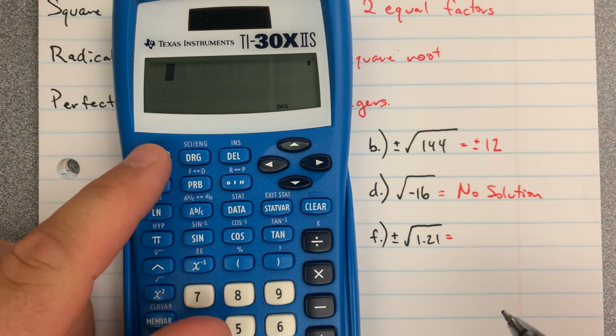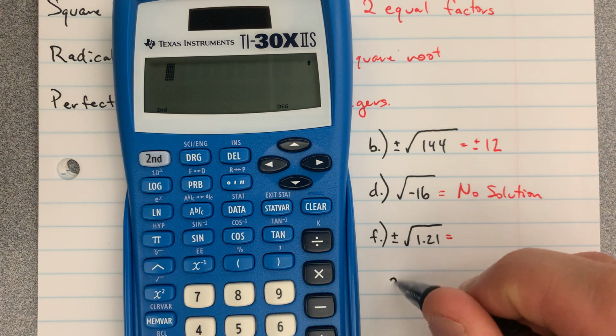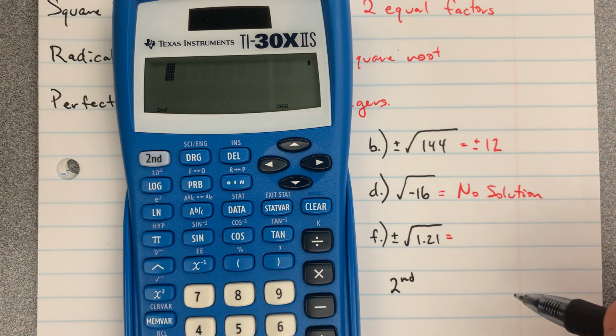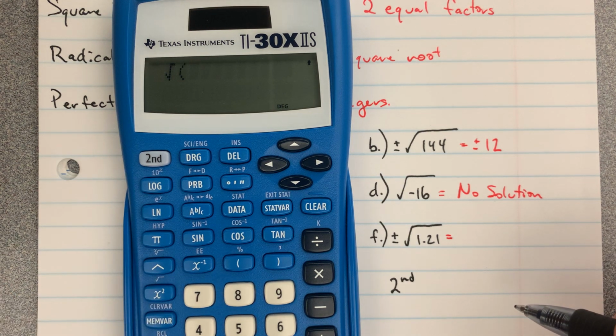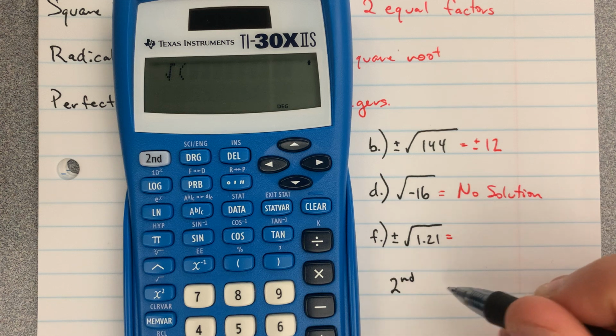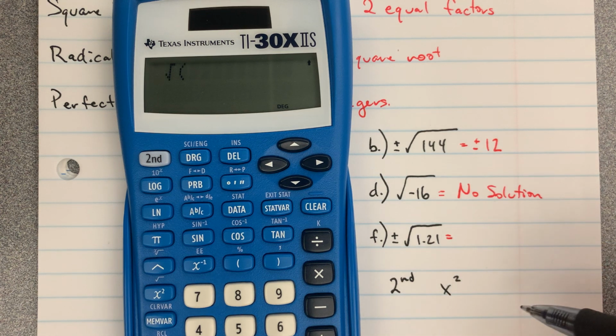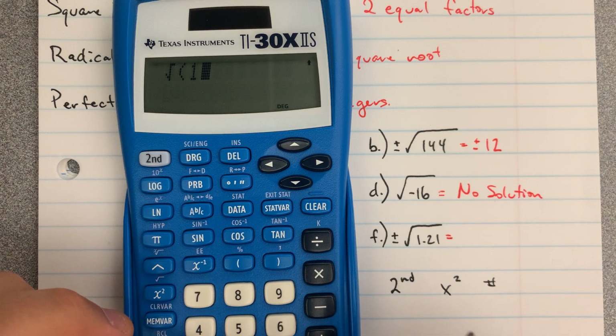We are going to hit the second button first. Second. Then we're going to hit this x squared because we see the square root or radical sign behind it. So now that brings it up. So second, x squared. We will then type in our number. Our number is 1.21. I'm not worried about plus or minus. We'll just put that as part of our answer. 1.21.